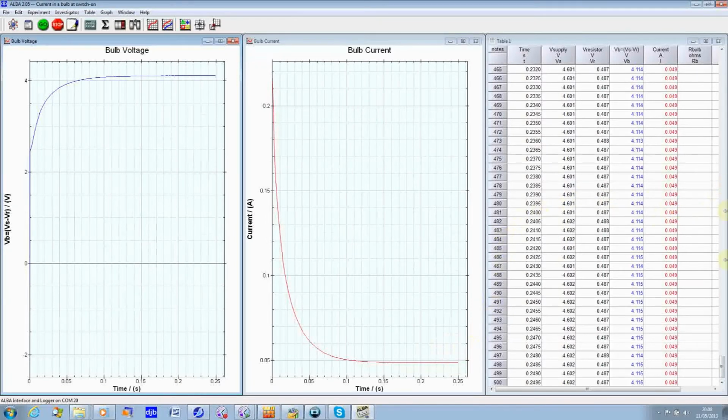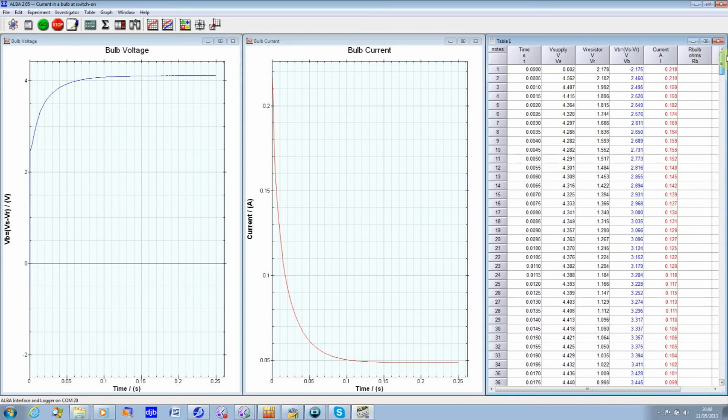Let's look at our table of results. So we'll come up to the top of the table. We have our time column, the supply voltage, and we have the voltage across the resistor. So if I subtract that away from that, I would be left with the voltage across the bulb.